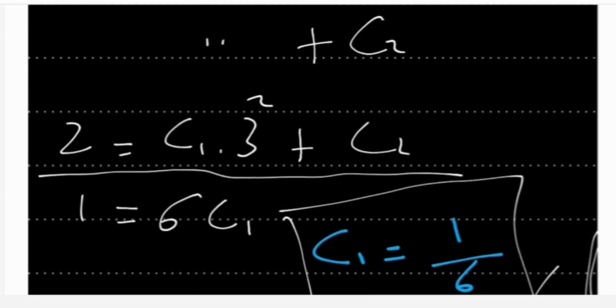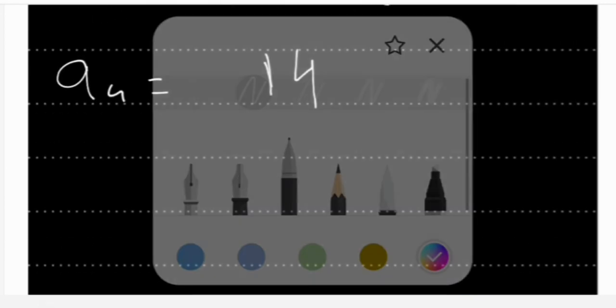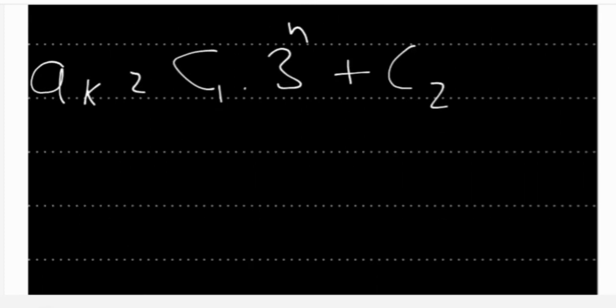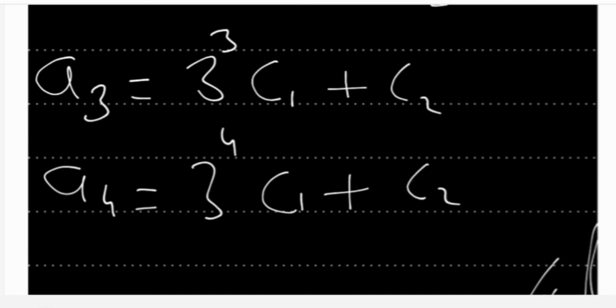And now we can use the formula. We have that AK must be equal to C1 multiplied by 3 to the n plus C2. So for A3 we have 3 to the 3 multiplied by C1 plus C2, and for A4, 3 to the 4, C1 plus C2.